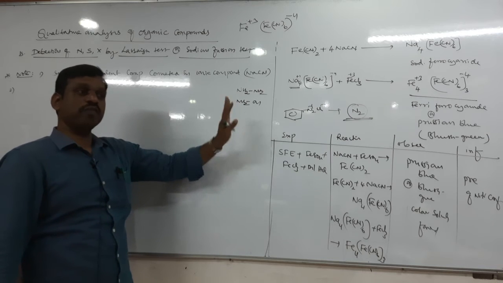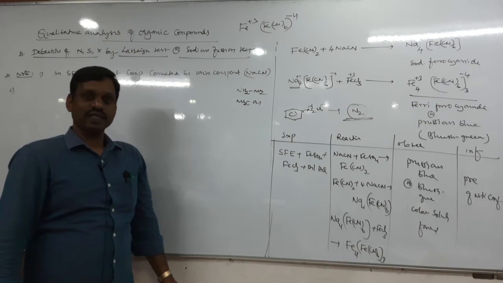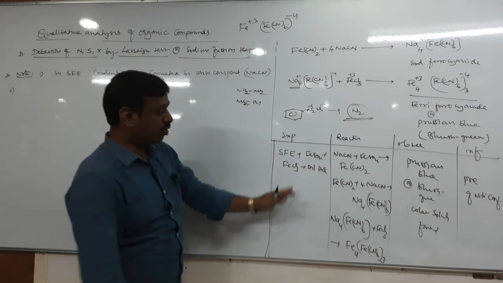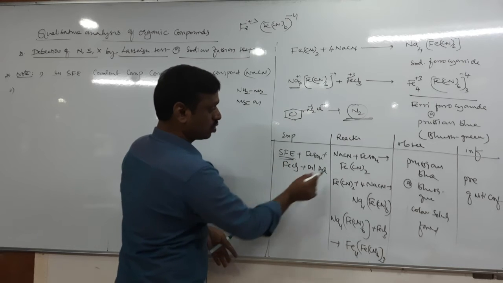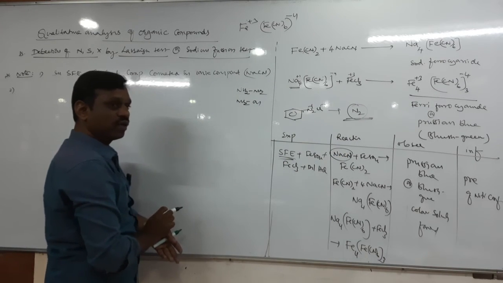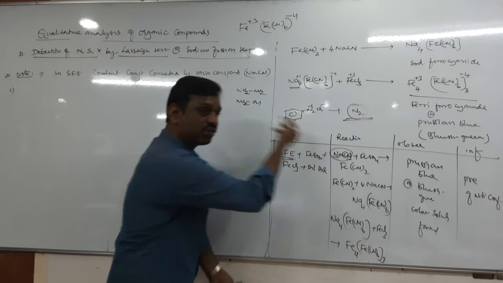Here also it does not form N2 gas, even though not possible. Tell me, this SFE containing what? Sodium cyanide. Can this compound form sodium cyanide? No. Why? Sodium will be there, N is there, but carbon is not there.